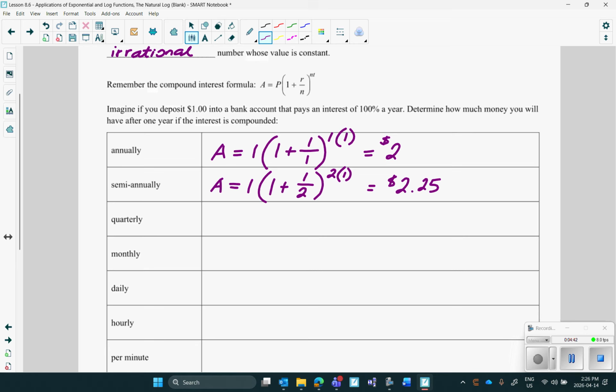What about quarterly? 4 times a year. Well, this is going to be bigger, and it works out to approximately $2.44 is the value of your $1 investment after a year.